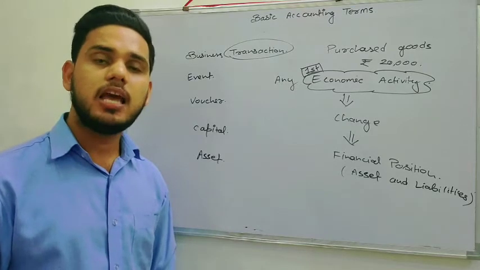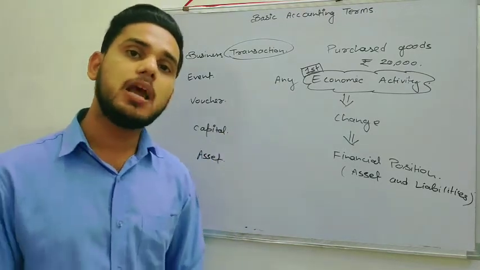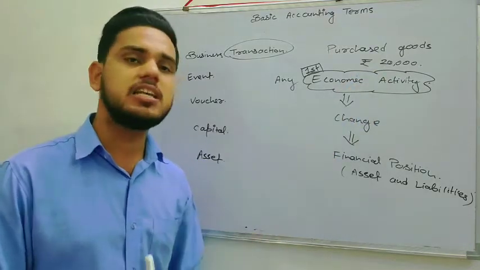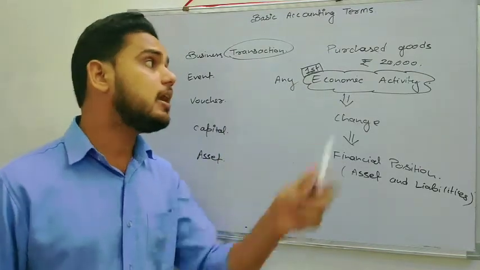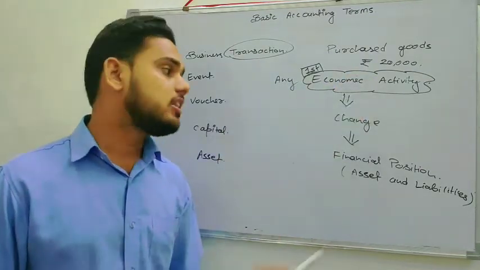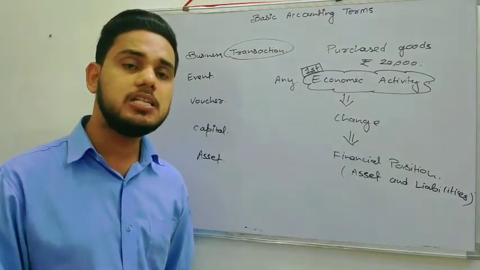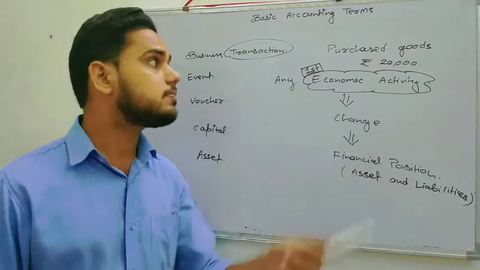At the same time, there will be an increase in an asset also. That will be our stock. The stock which is purchased is our asset, no doubt, and that will increase. So because of this activity, there will be two changes in our assets. One asset will decrease, which is cash, and the second asset will increase, which is goods.